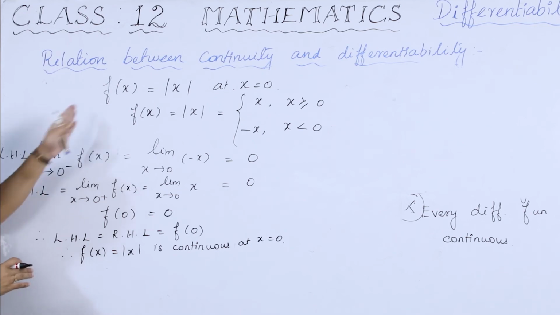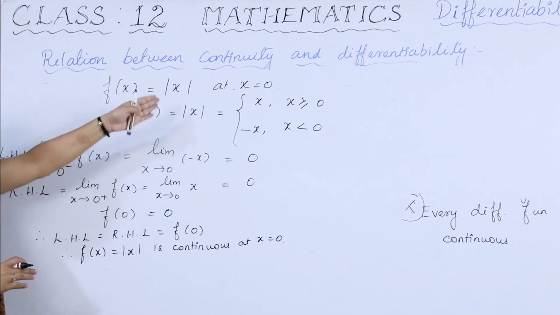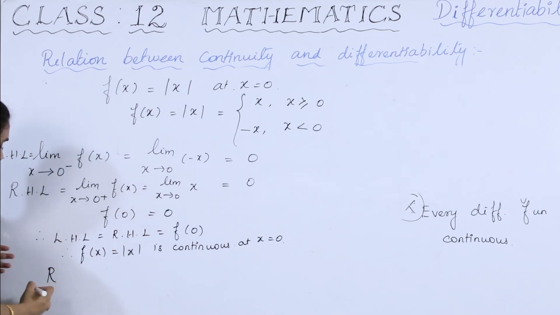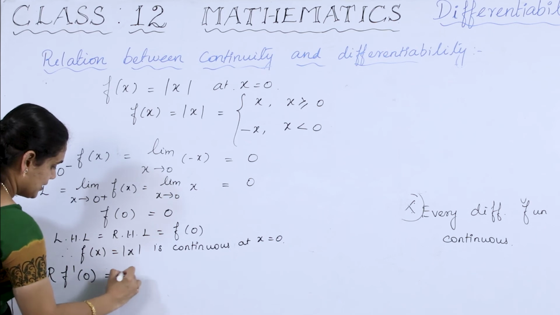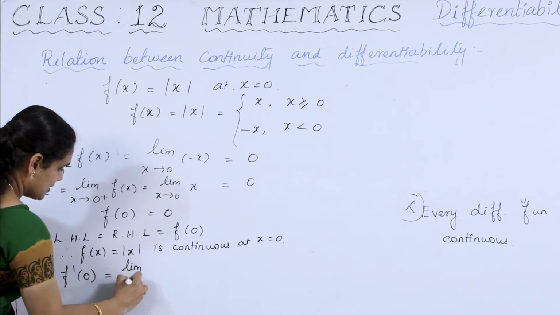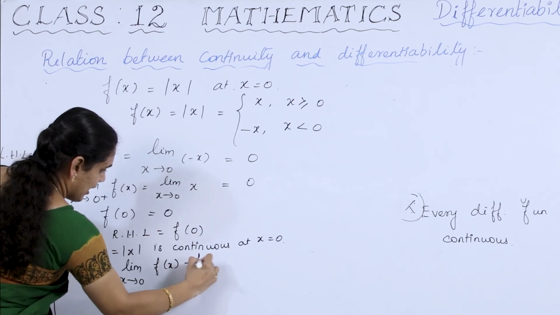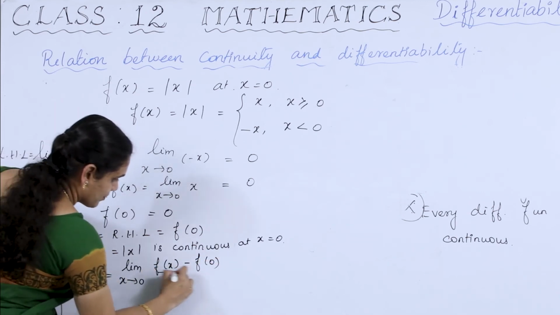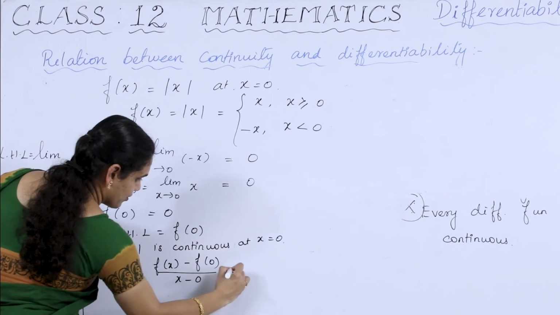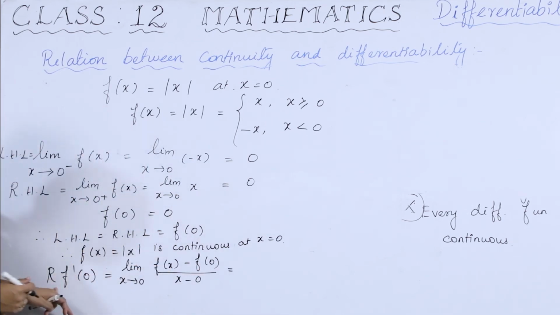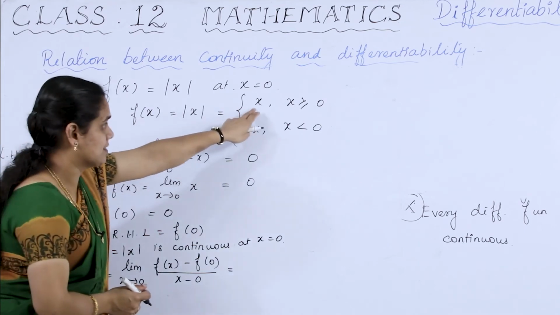Now let us find out whether it is differentiable or not at the same point, x equal to 0. First let us find out the right hand limit or left hand limit, it's up to you. Rf dash of 0 is equal to limit x tends to 0 of (f(x) minus f(0)) by (x minus 0), by definition. This is the right side of the limit, therefore we take x, isn't it?